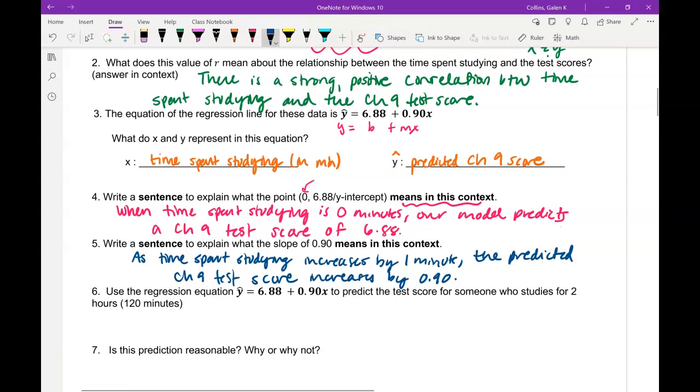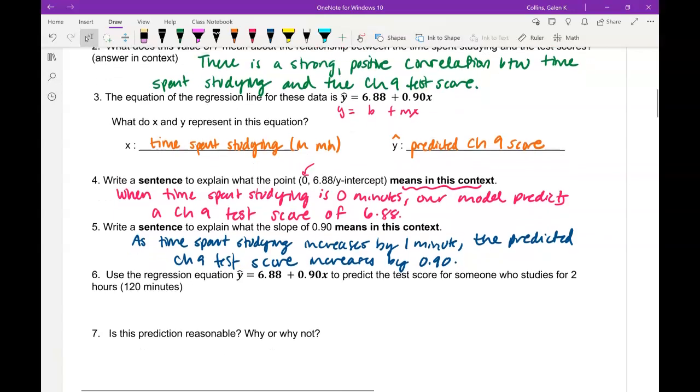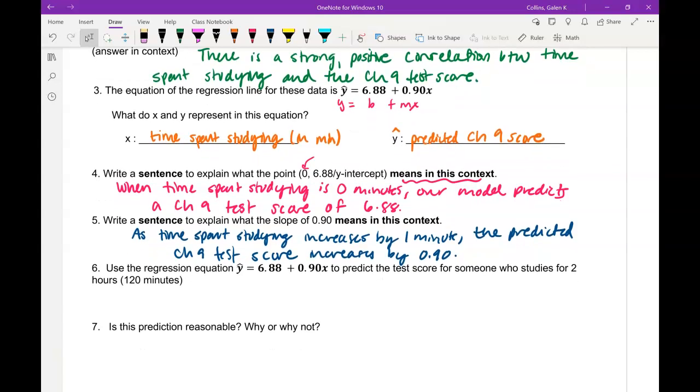All right, in question 6, we are asked to use the model, our equation for our linear regression model, to predict the test score for someone who studies for 2 hours. And we know 2 hours is 120 minutes. So remember, our time spent studying is our variable x. So I'm going to substitute 120 for x, and this is asking me to find what y hat would be, because we're trying to find the predicted test score.